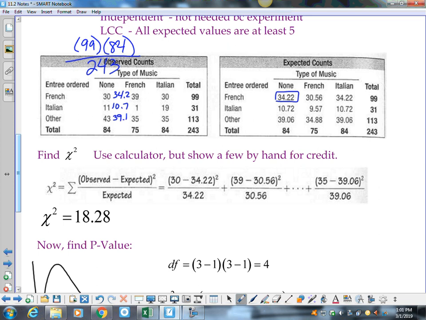So when I do this, I go 1 decimal place. Okay? You are writing the formula, and that's all you have to do. You don't have to show it for every single one of these, but you have to write out the formula.